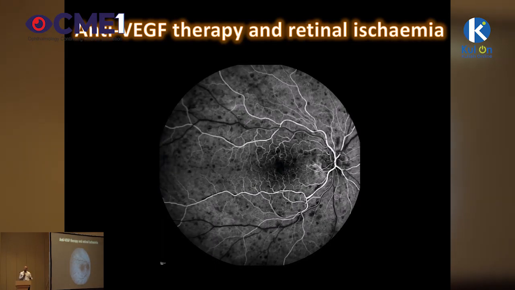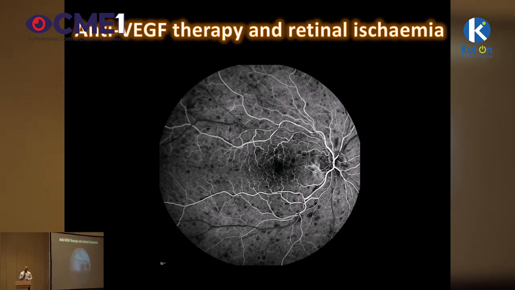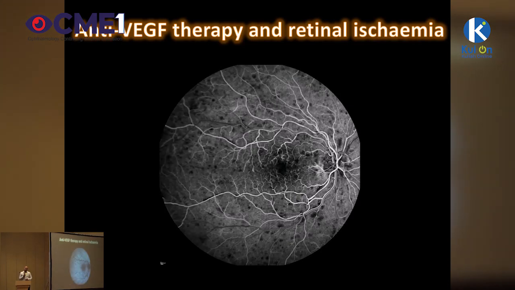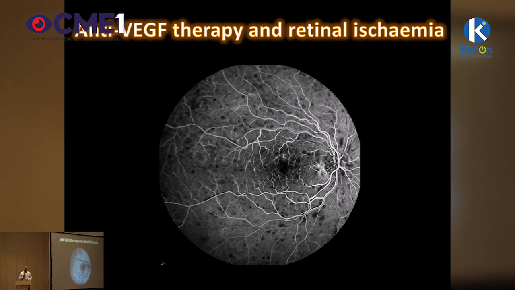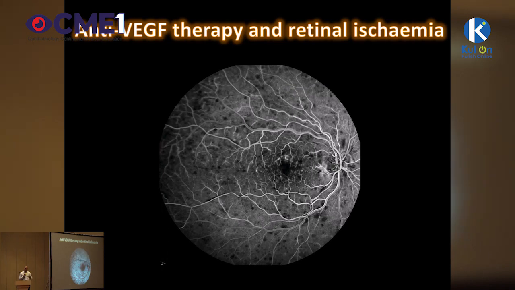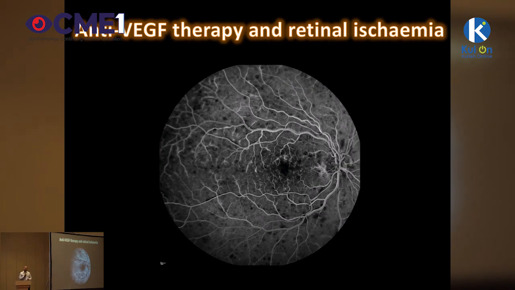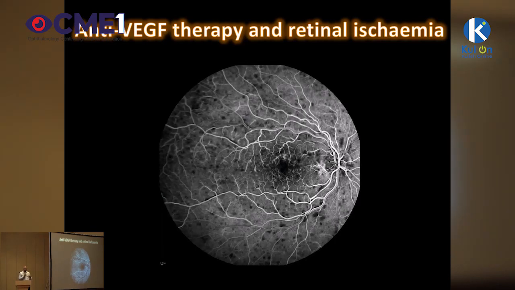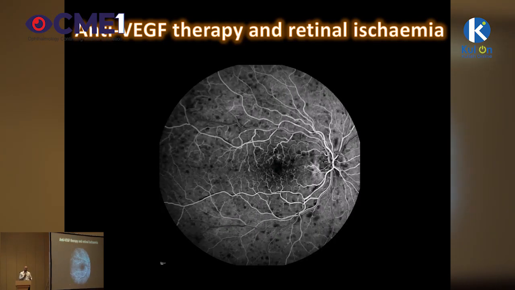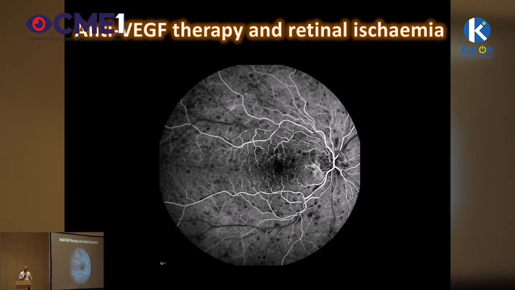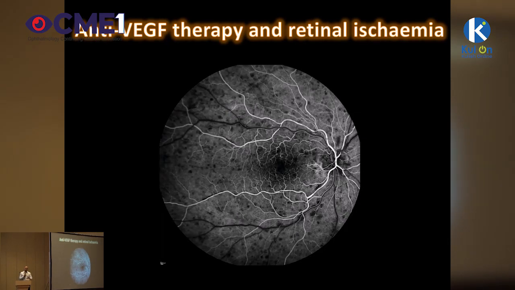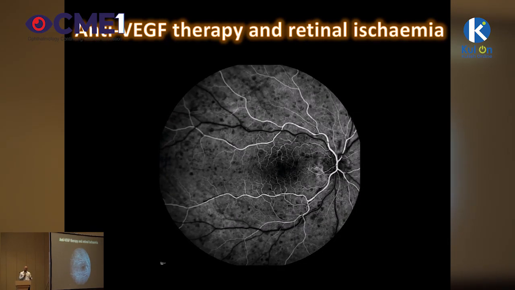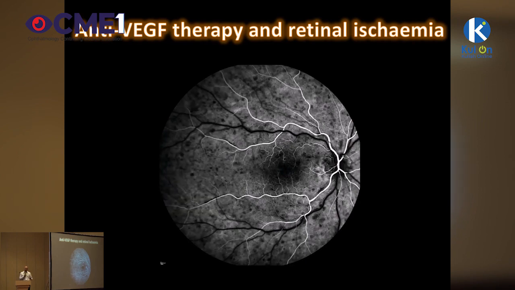So this is real-time imaging with fluorescein. So look at how slow that fluorescein is to get into the eye. Just based on that, you will get some impression that this patient has a very ischemic retinal vein occlusion. Even before the angiogram is completed, in my mind I know that this patient is at high risk of neovascularization.